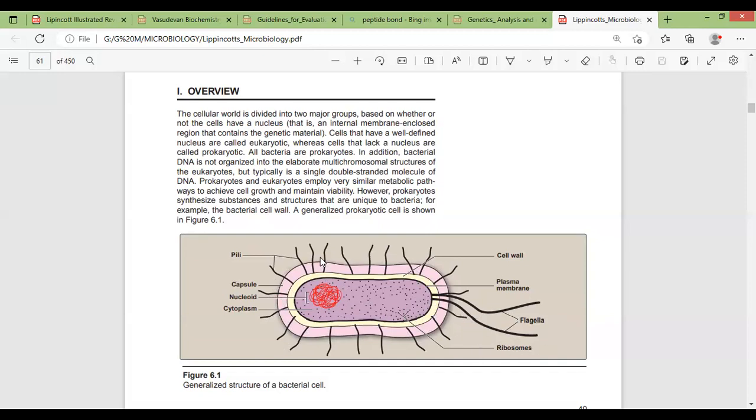We're seeing the pili, we'll see them when we're talking about conjugation, how bacteria can communicate with each other. So for the structure of the bacterial cell, just know that as compared to the eukaryotic cell, we don't have the nucleus being on its own. Okay.